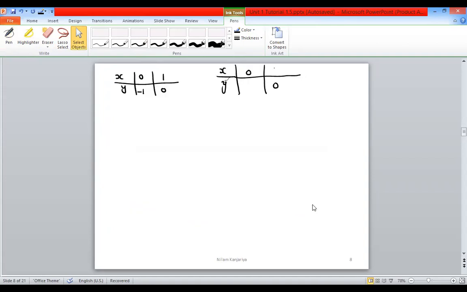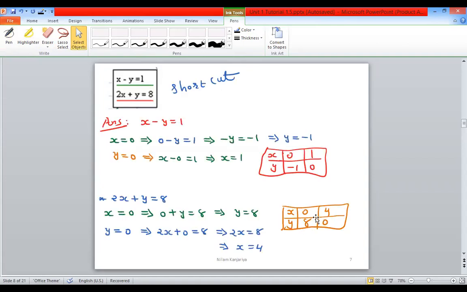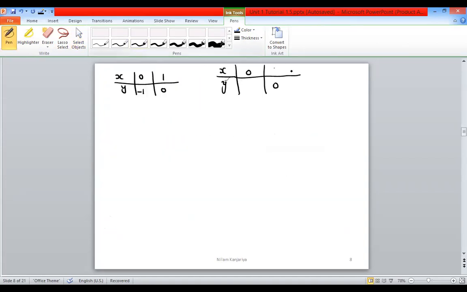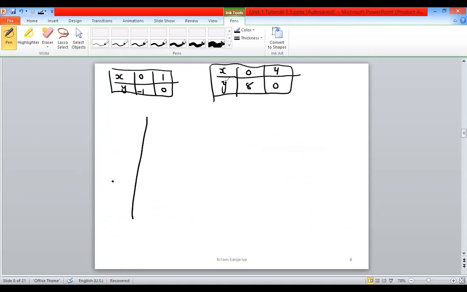In the second table, it is 8 and 4. Now draw the graph.